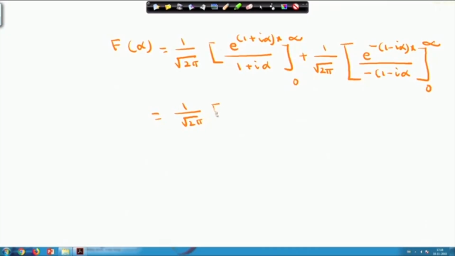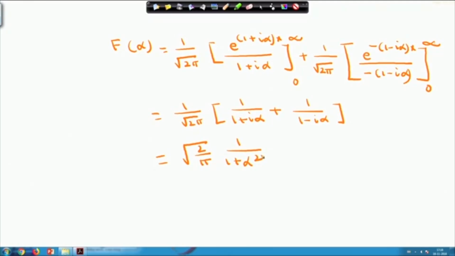Once I put the values of these limits, I can bring 1 by root 2 pi common. In the first case I will obtain 1 by 1 plus i alpha, and in this case, if I put the limit, it will be 1 by 1 minus i alpha. If I simplify this, ultimately I will obtain root over 2 by pi into 1 by 1 plus alpha square.